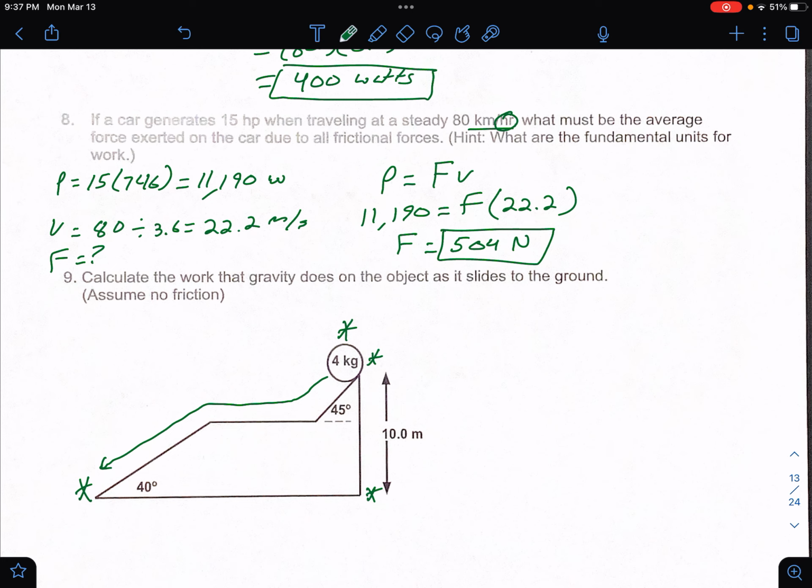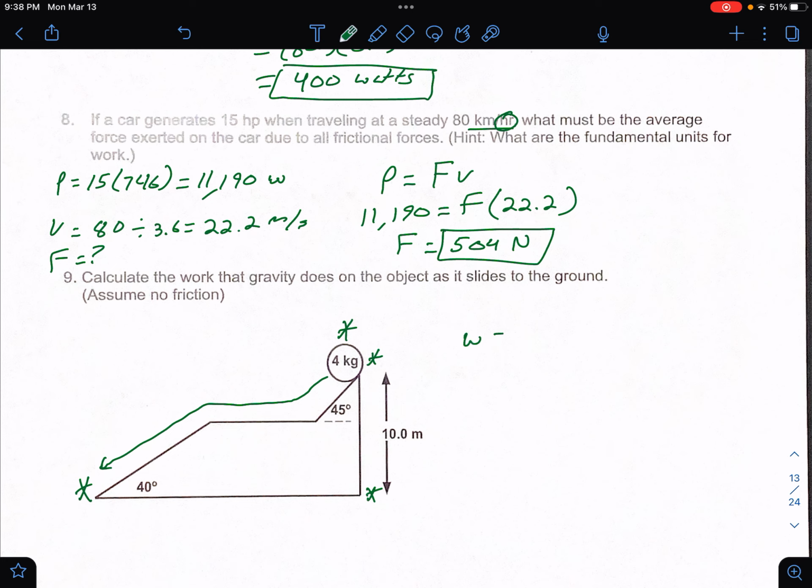There are a lot of things in here like angles that are kind of throwing you off, and it's not really meant to trick you. It's just so you understand that the only thing being done is gravity pulling that ball to the ground. Now, does it have to cover a path? Yes, but I just want to know the work being done by gravity, so I only care about vertical in this case.